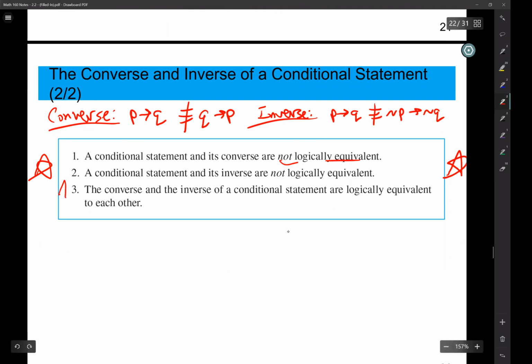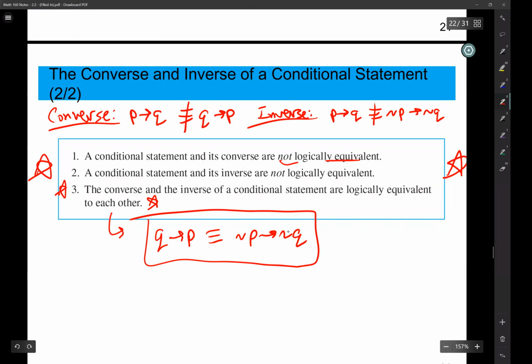And this is important too: the converse and inverse are logically equivalent to each other. Symbolically, Q implies P is logically equivalent to not P implies not Q. And again, you would just show this with De Morgan's laws or with a truth table. They're pretty easy to do.